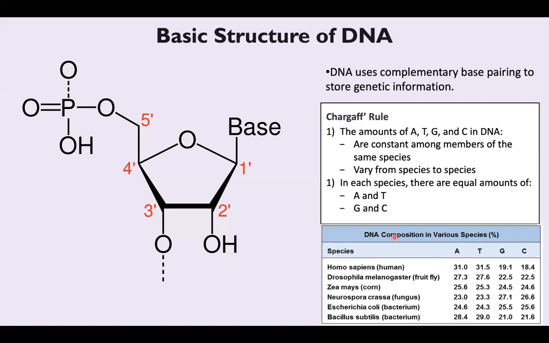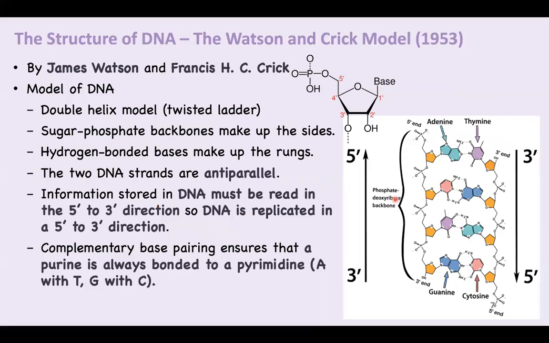Okay, this is Chargaff's rule. You have to remember Chargaff's rule. It says that the amounts of A, T, G and C in the DNA are equal for A and T and also G and C. Okay. So, structure of DNA.